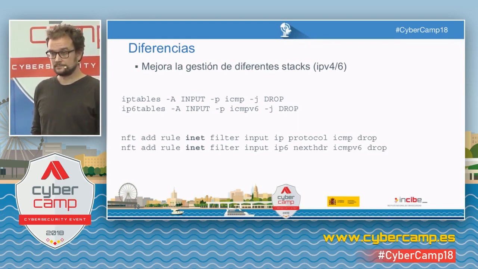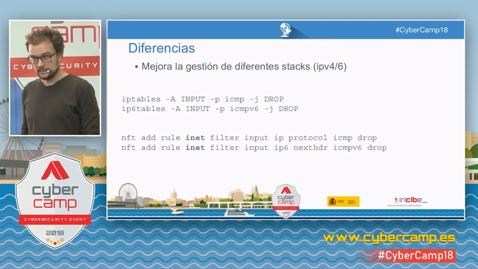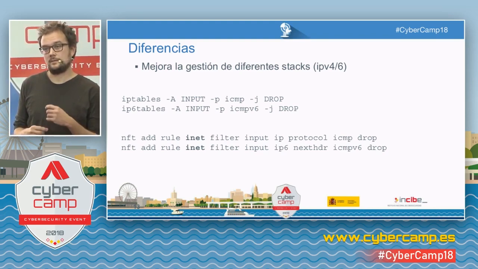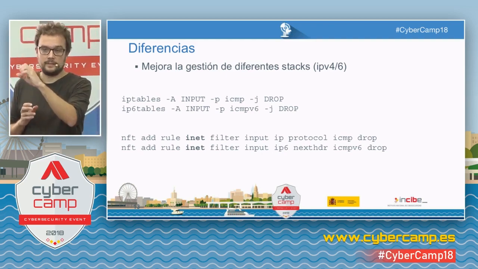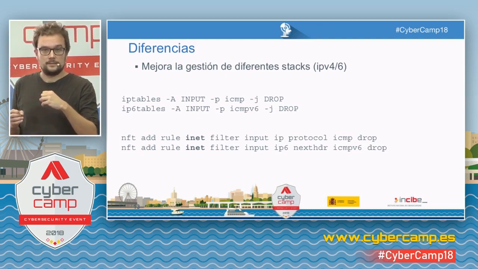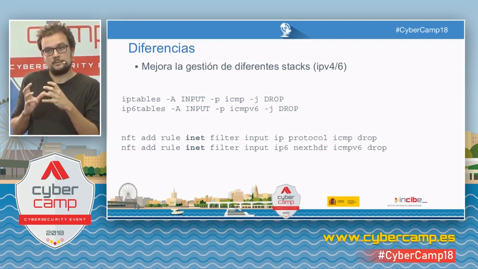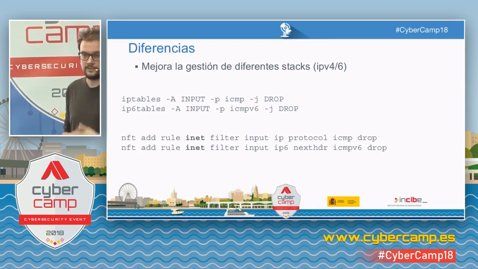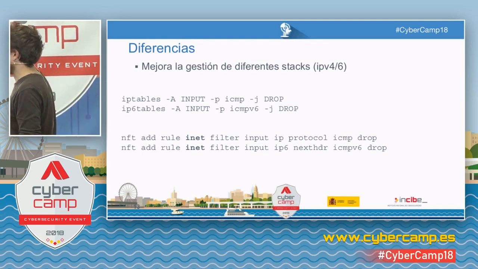With front-end tools like Thumb, I don't know if you're familiar with it, the idea is that one single configuration would then generate rules for iptables and ip6tables. But from the point of view of unification, it was just for the front end, not for the kernel, which has its limitations.